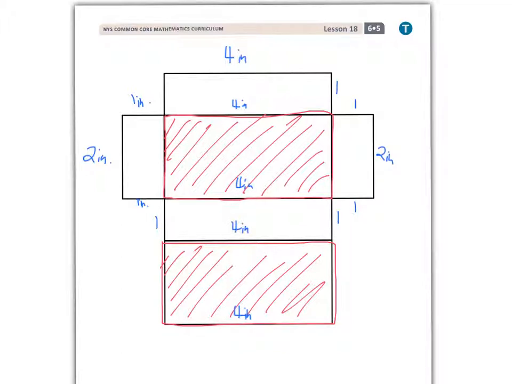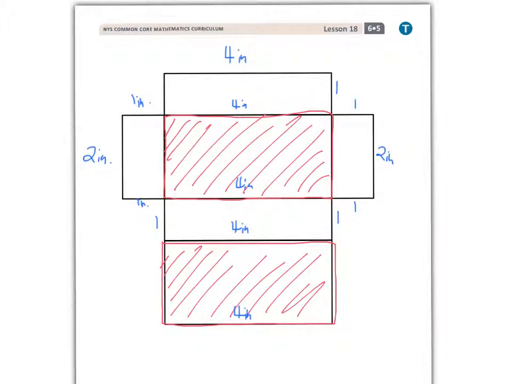Okay, so then move on to C, and it says calculate the area of each face and record this value inside the corresponding rectangle. Let's use a green for that. The first rectangle I want to look at is this one right here. When I'm looking at this red one, this is the base, I know that it's 4 across.